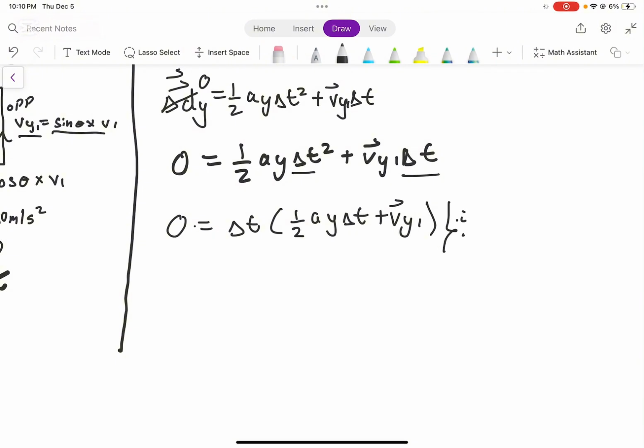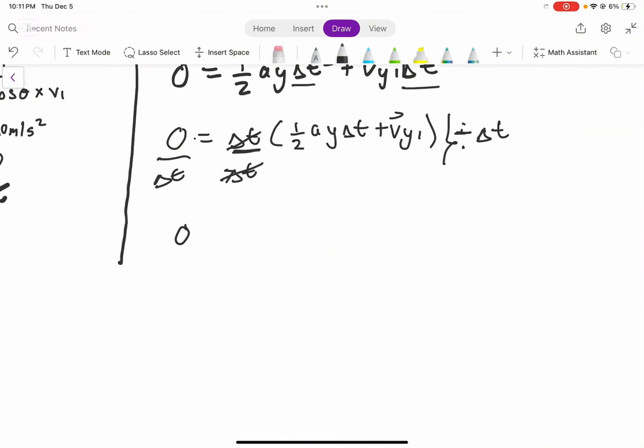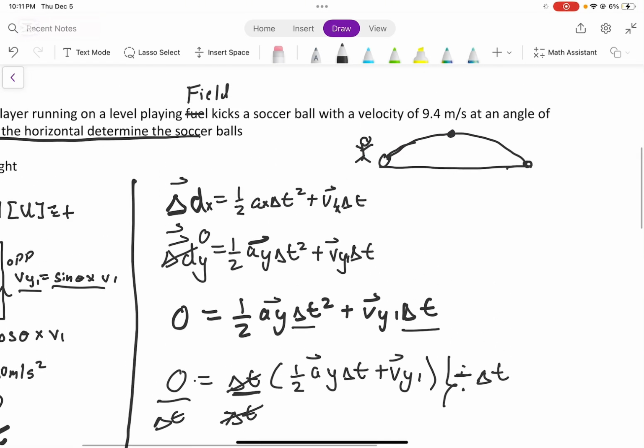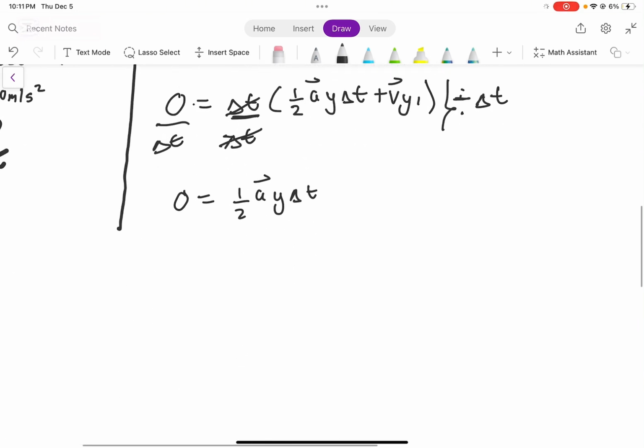Now we want to get rid of this delta t up front. So if we divide by delta t, these will cancel, and if we divide 0 by delta t, that's just 0. So 0 is equal to 1/2 ay delta t. Don't forget your vector signs. Clearly I was dropping them, but it's always important to double check your work and make sure you're not dropping any vectors because they will catch up to you.